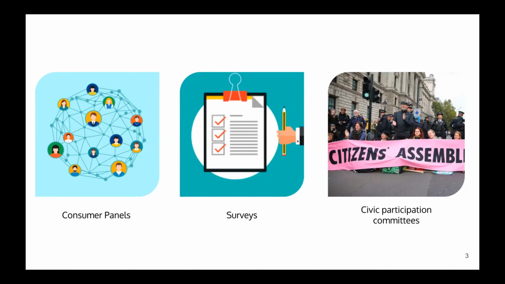And increasingly, in cases like civic participation committees, cohorts of people are being either selected or volunteered to make decisions on behalf of a larger city, where you might want good representation for different groups.